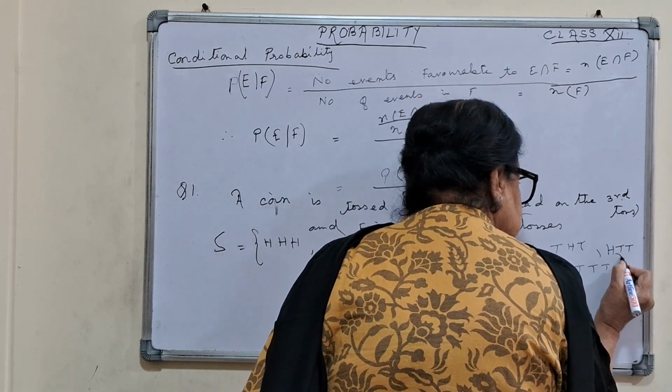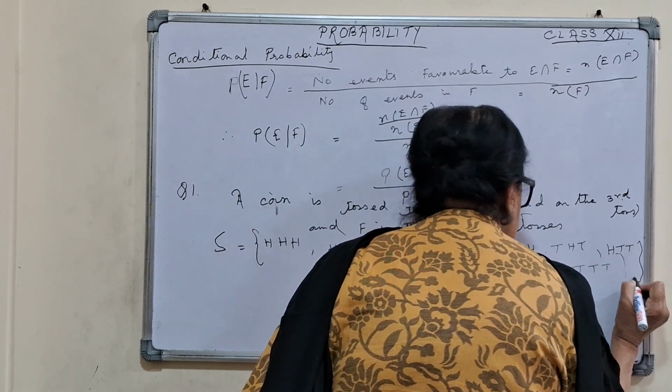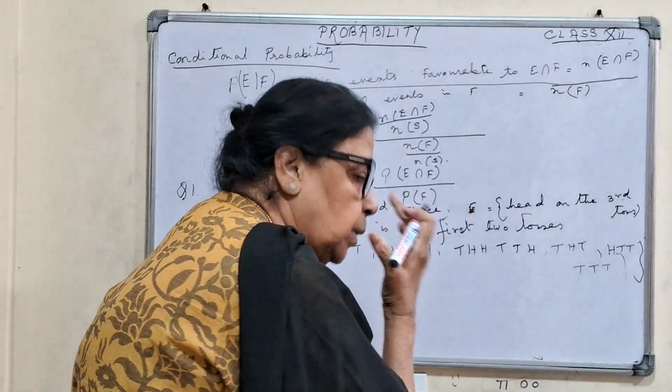These are the 8 outcomes in the sample space. Okay.